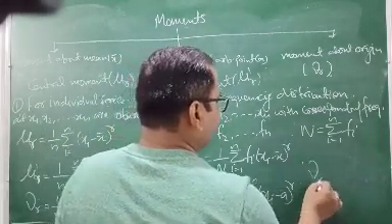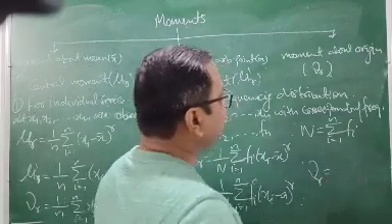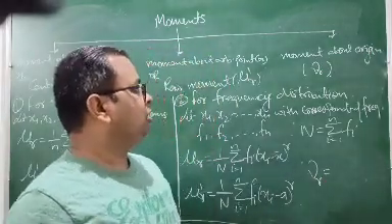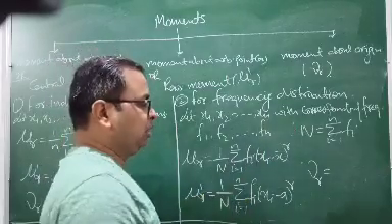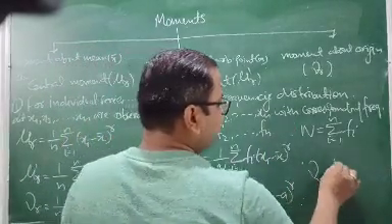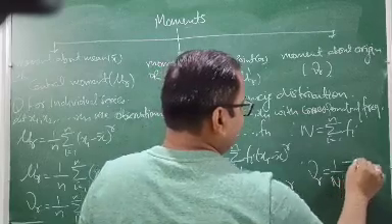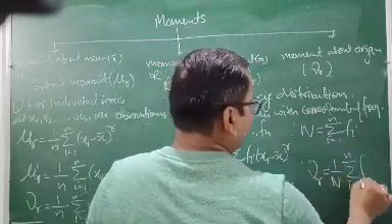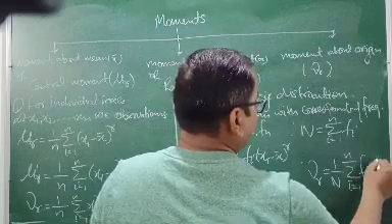And the last one, nu r, the rth moment about origin for the frequency distribution, is defined as 1 upon capital N summation i varies from 1 to n of fi into xi to the power r.